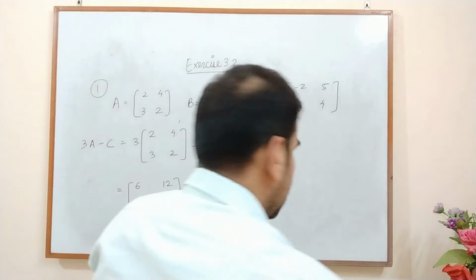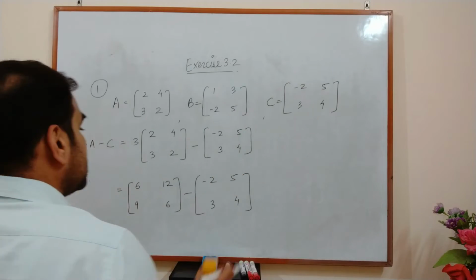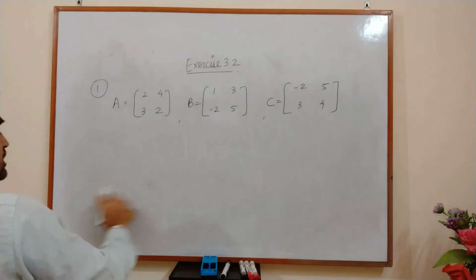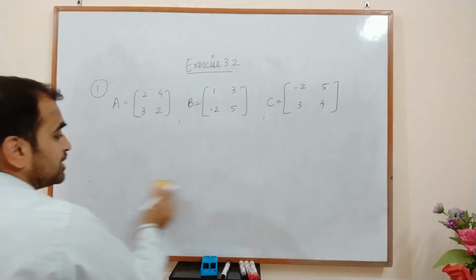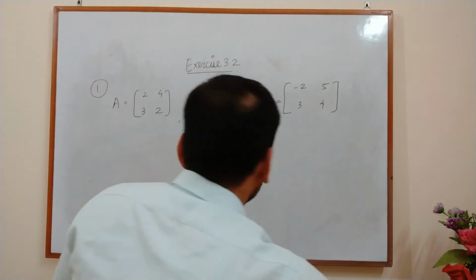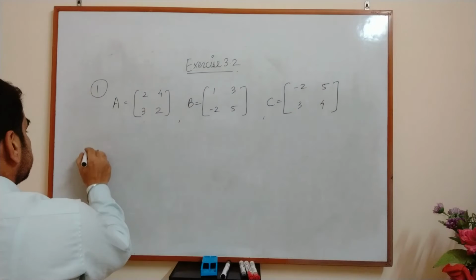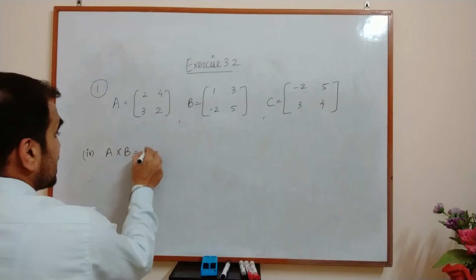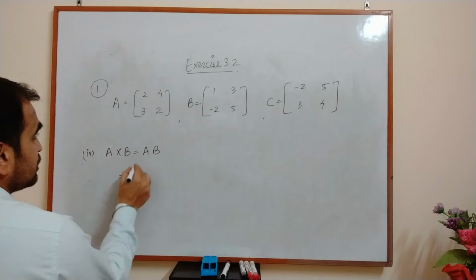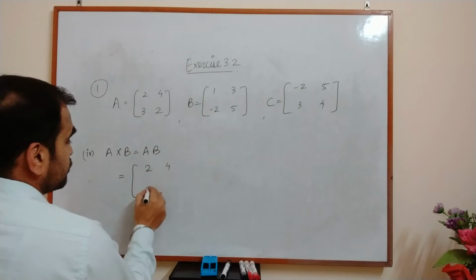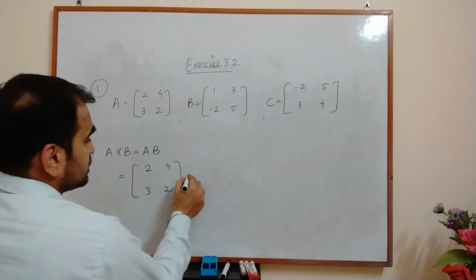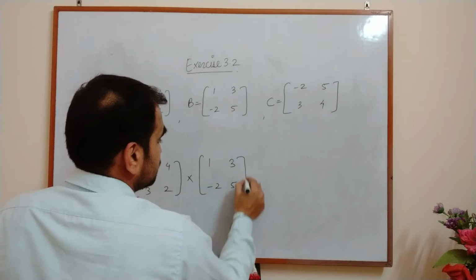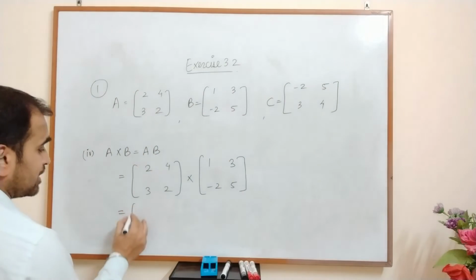The next we have A multiplied by B, AB, and then BA. In this part, part number 4, we have to multiply these two matrices. A multiplied by B, that is the AB operation. We have to multiply 2, 4, 3, 2 with 1, 3, minus 2 and 5. So how to perform the matrix multiplication?